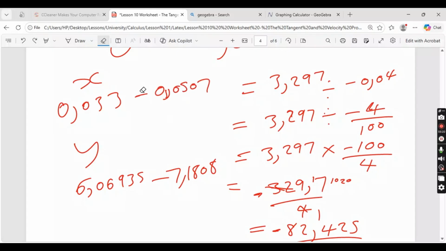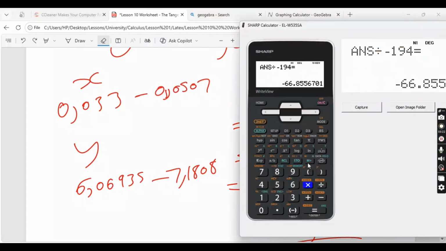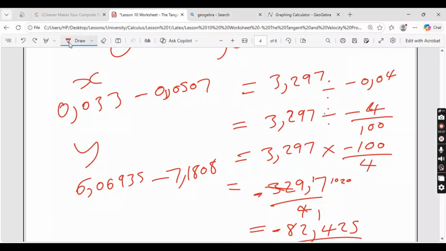Okay, so here we're going to just type 0.0507 minus, I'm just going to do the opposite, 0.33. What do we get? 0.0177.